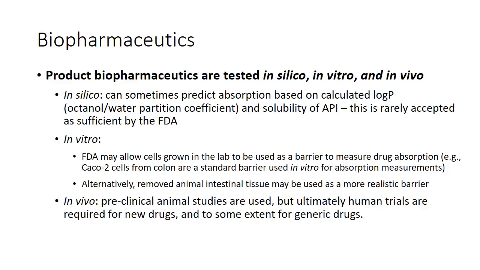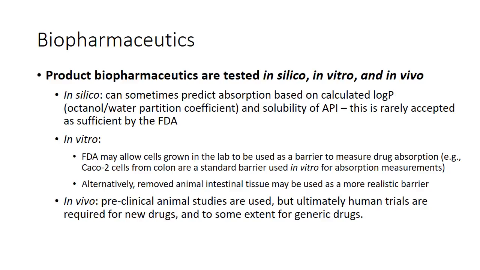So the FDA might allow, believe it or not, in some kind of rare cases, a company that's producing a generic drug to just use computer simulation or computer-based methods, which is called in silico, to determine if their product will meet the requirements for bioequivalence to the brand name product. And that's pretty rare, but it can happen.